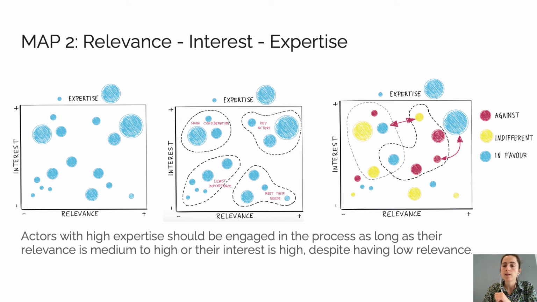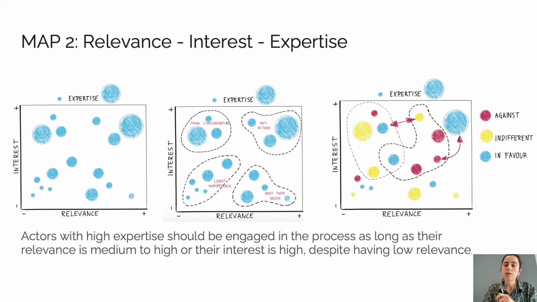What you will need is first to complete the relevance map so that you can classify actors according to it. And only once you finish with the relevance map, you can start drawing the relevance, expertise, interest map or a matrix in which the vertical axis accounts for the interest and the horizontal for the relevance.